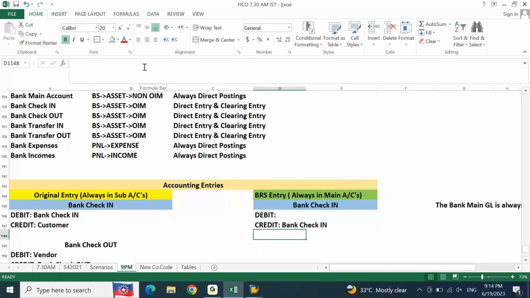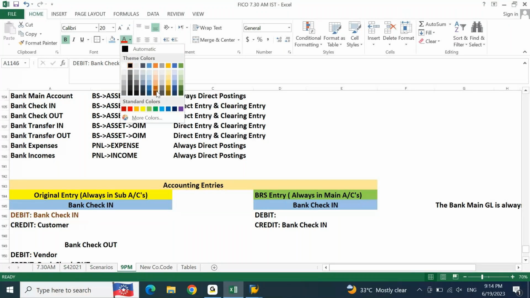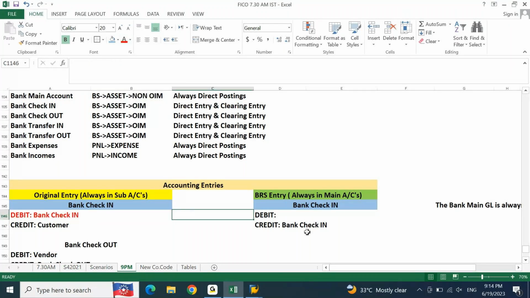So what you have done, you have a debit here, you have a debit here. Let me put this in this color. Now the same thing, you have a credit here, correct? If you look at bank check incoming, in the original entry it is debit, in the BRS entry it is credit.